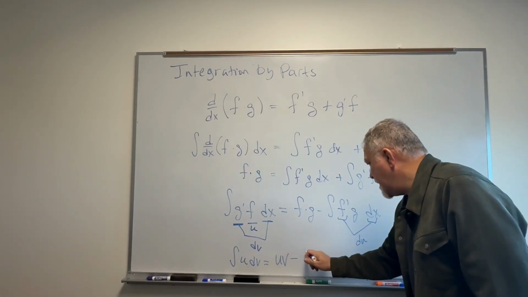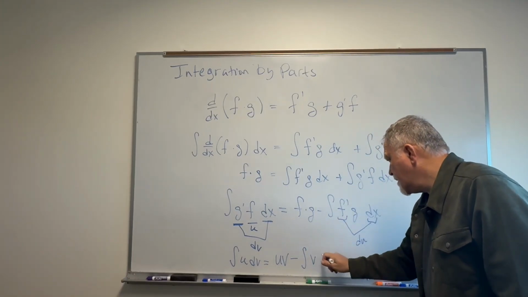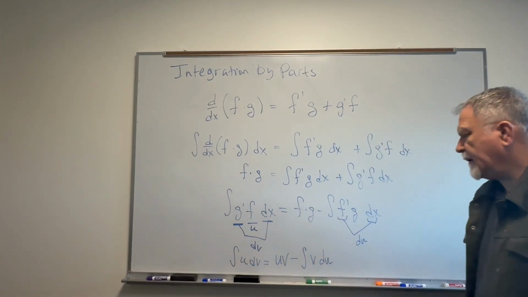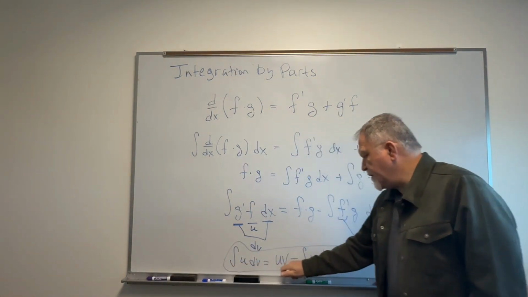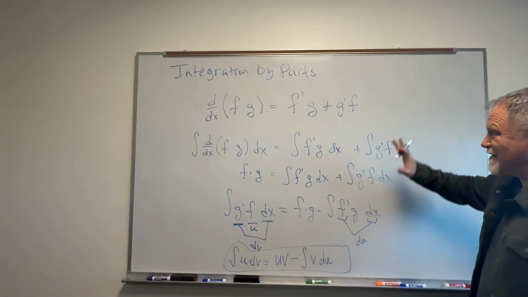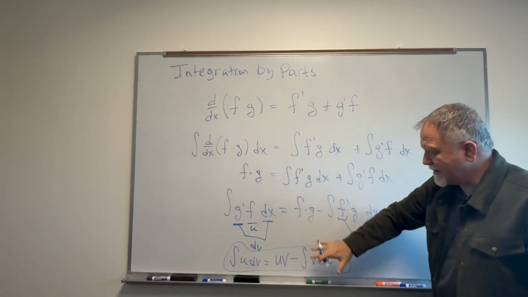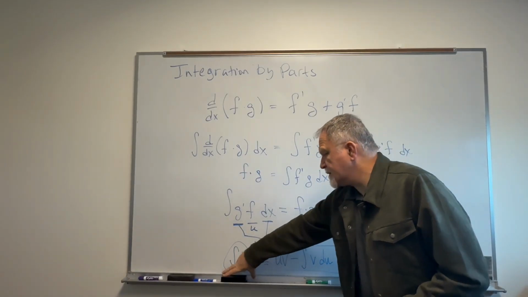So this becomes the integral of v du. Okay, so this is the relationship that we're going to use in working problems for integration by parts, but it's derived here from the product rule, this whole relationship. So let me work a couple problems to help you wrap your head around this.